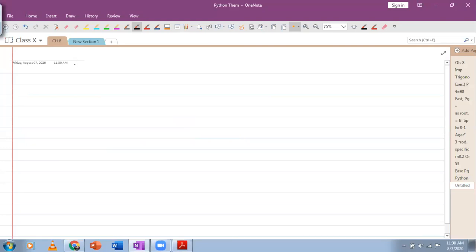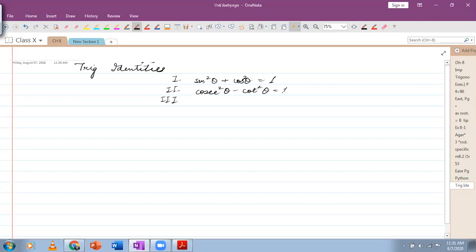I would like you to list the identities in your notebooks before you start the exercise. So you can just list the 3 identities, the ones I discussed with you. And you can write these in any order.